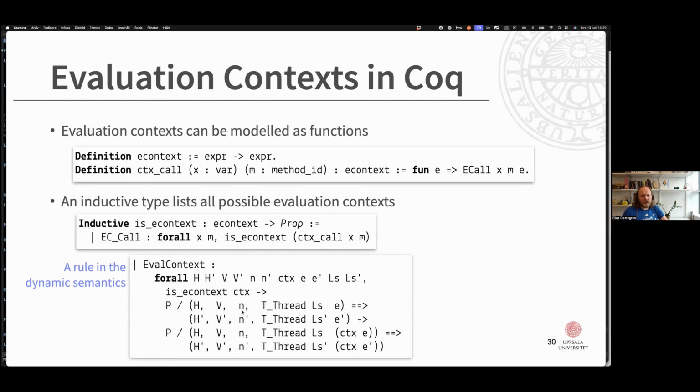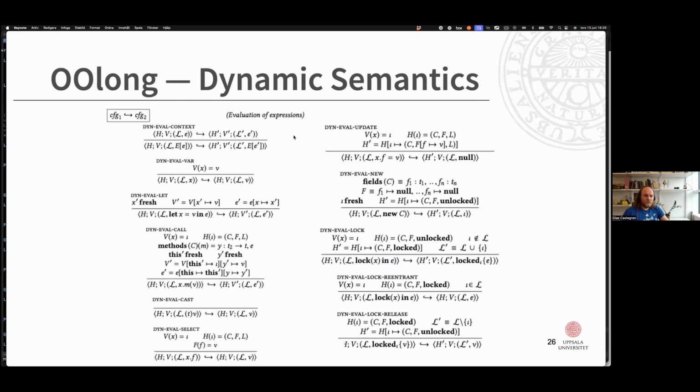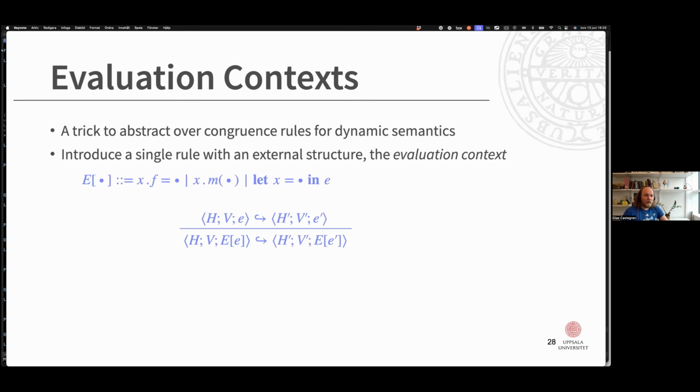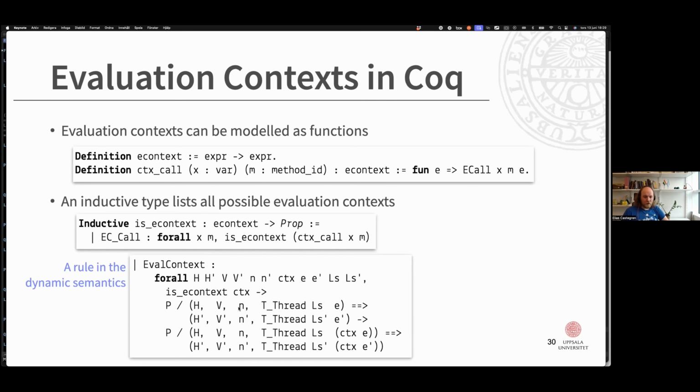This n here, you will note, does not exist in the paper version, and that's what I like to call the freshometer. So we use that to be able to generate fresh values.